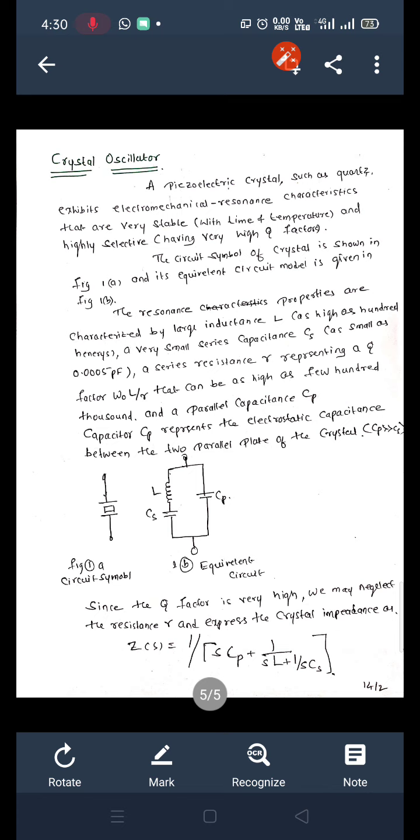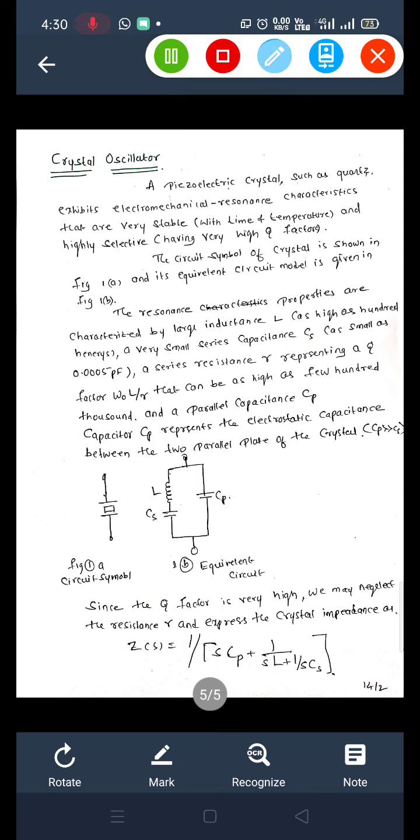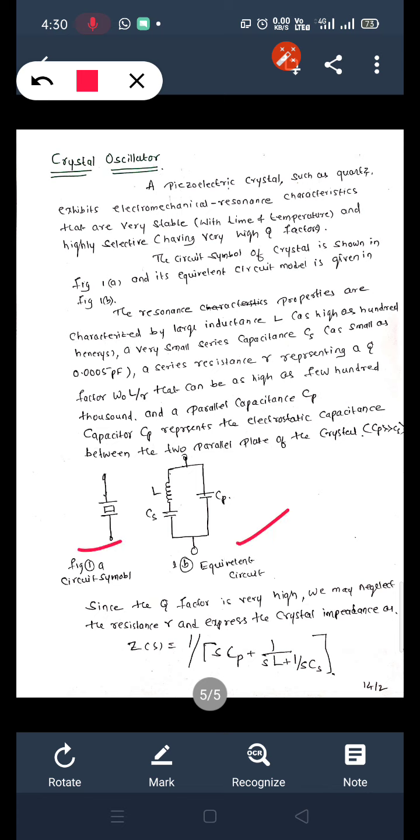The circuit symbol as well as its equivalent circuit model are shown in the figure, and we will study how it works.